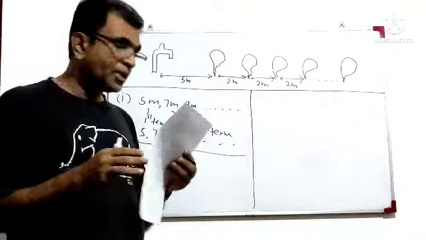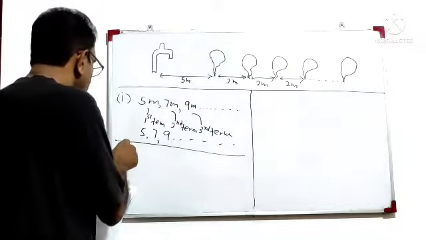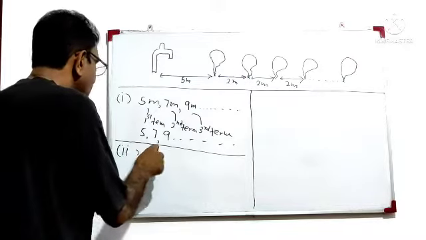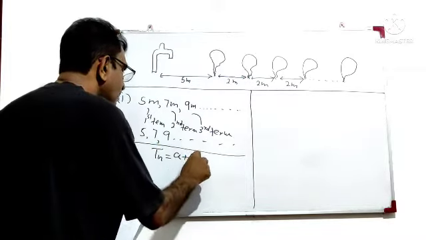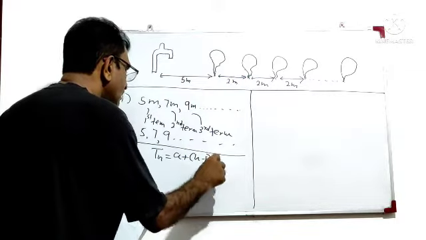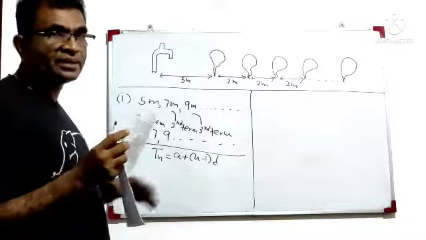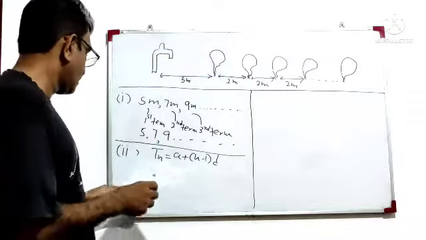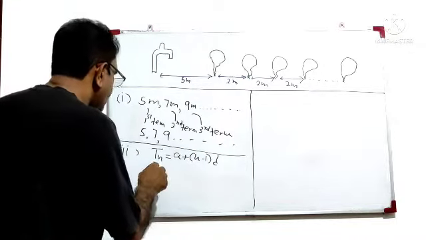There is a formula to find the nth term in an arithmetic progression. What is that? Tn equals a plus n minus 1 times d. If you have written down this formula, you can get 1 mark in the examination. That is very important. So, according to the question, now we can find the 8th term.